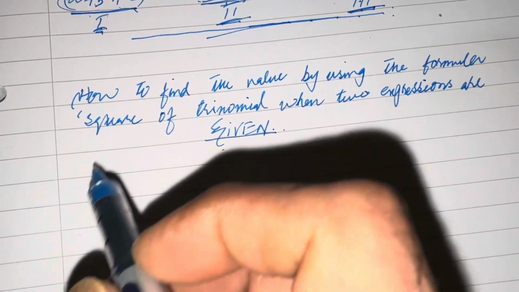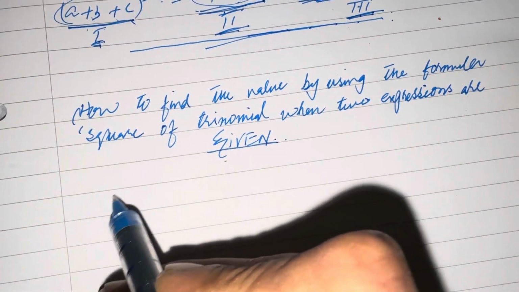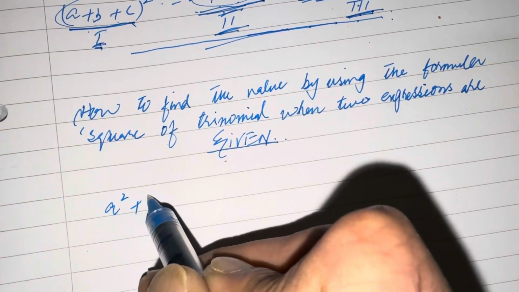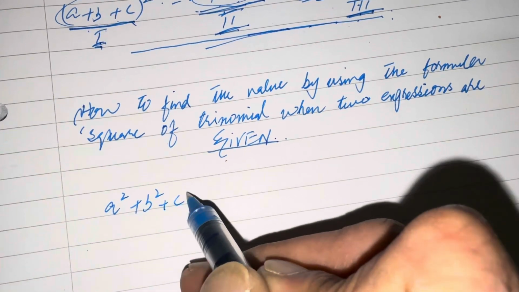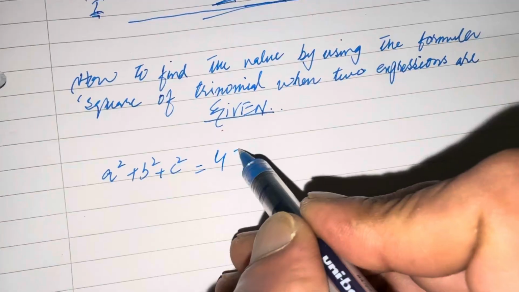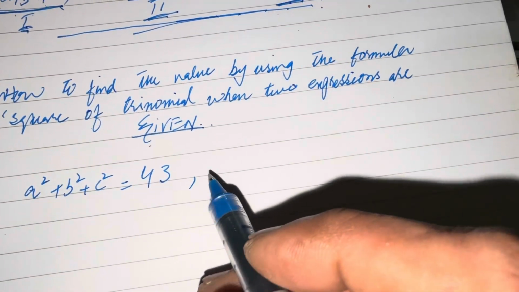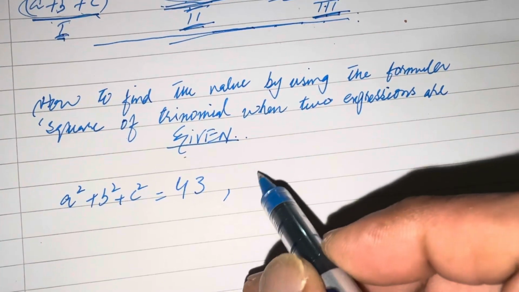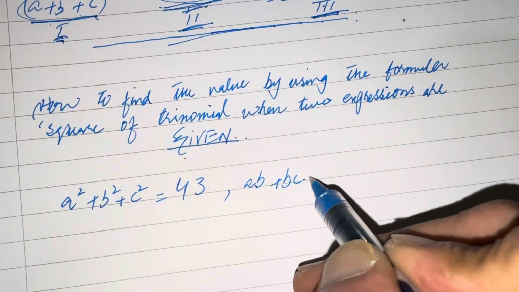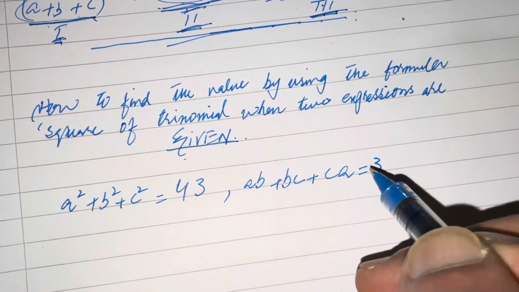Let's suppose that two values are given: a square plus b square plus c square is equal to 43, and the second expression is given as AB plus BC plus CA is equal to 3.